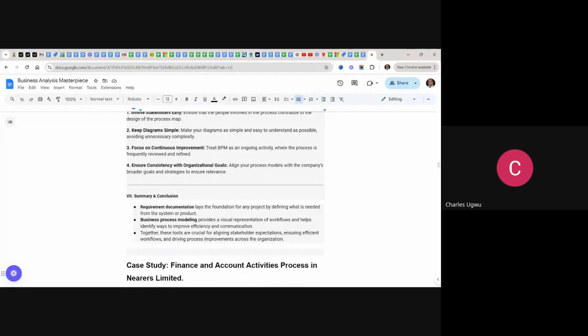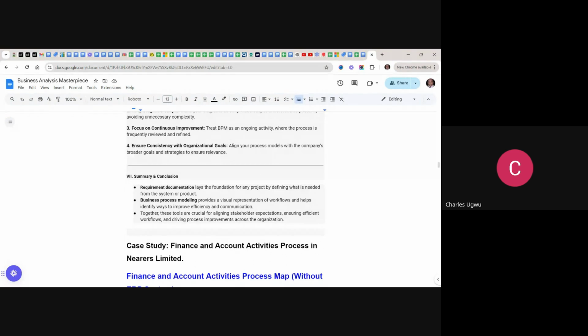So, conclusively, requirement documentation lays the foundation for any project by defining what is needed from the start of the project, or from the system or the product.